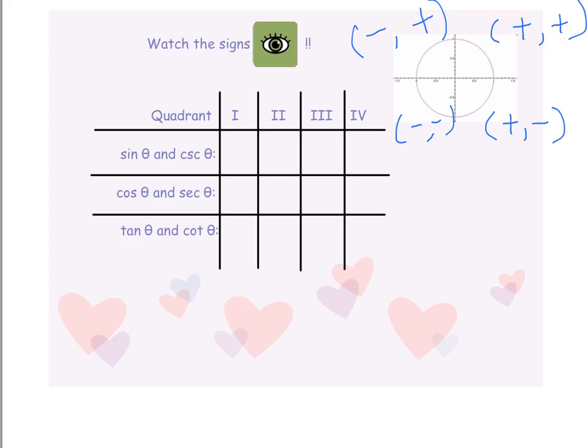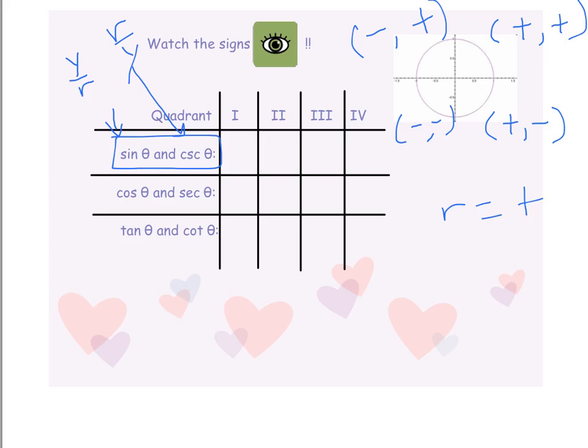All right? Now notice we have them grouped here by reciprocals, okay? Remember, sine of theta is y over r. Cosecant is r over y. The sign won't be different. And it's worth noting here that r is always positive, okay?